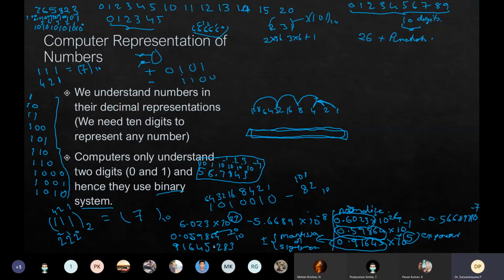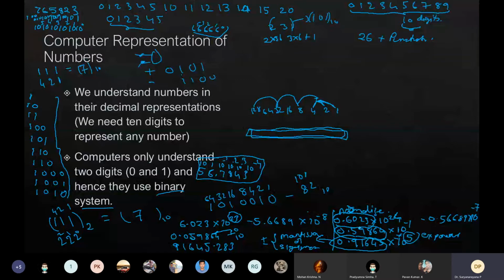And here you have 91645.283. To normalize it, you want to push this decimal point forward 1, 2, 3, 4, 5 places. So you divide with 10 to the 5, it will become that, and then you have to multiply with 10 to the 5. So you get 0.91645 times 10 to the 5.